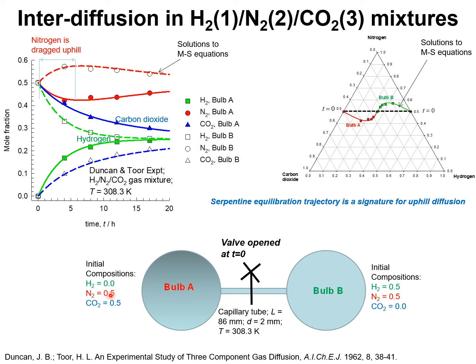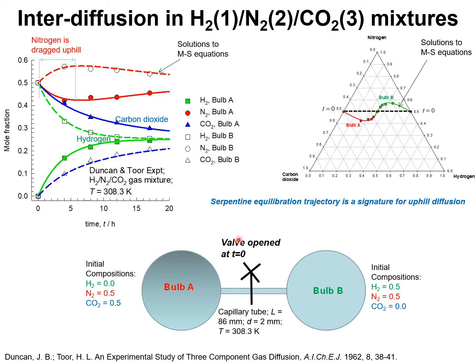Even though the composition gradient of nitrogen is 0, due to the large drag between nitrogen and carbon dioxide, nitrogen is dragged from bulb A to bulb B. As a consequence, the mole fraction of nitrogen decreases in bulb A, and concomitantly the mole fraction of nitrogen in bulb B increases.